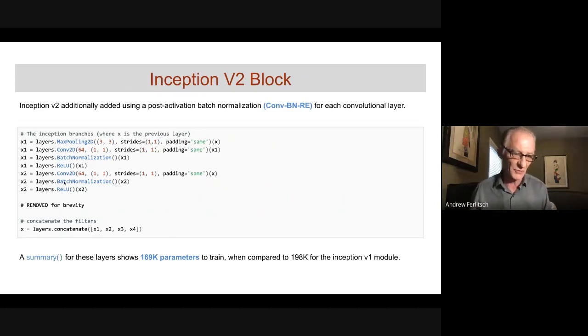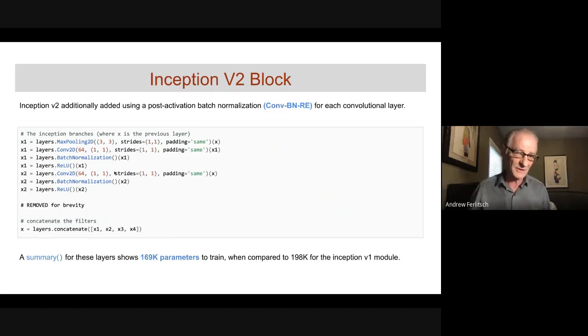The style used here was you do your convolution, then the batch norm, then your activation function. Today, we denote that convention with this terminology: we call it conv, batch norm, ReLU. So you'll start seeing this more and more in my presentations, as well as in papers and literature.